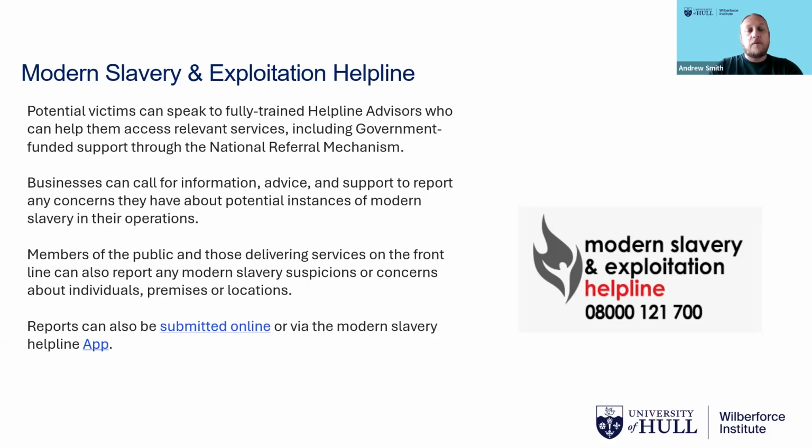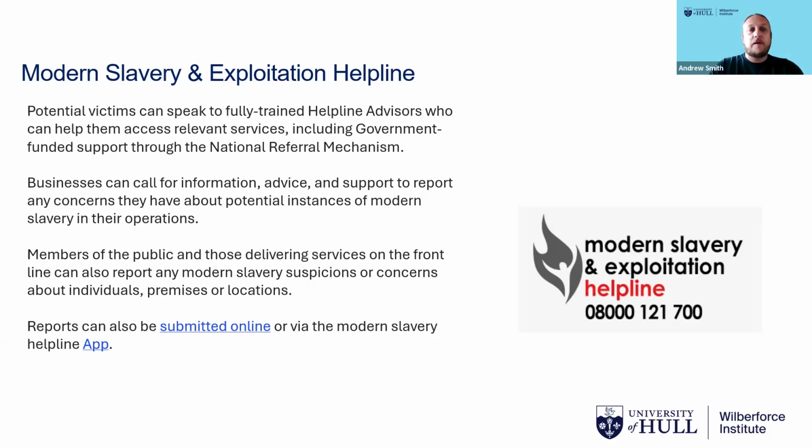The Modern Slavery Helpline will also forward details and information to local partners within that area and the police, etc. Businesses can call for information and advice and to report any concerns they have around instances of modern slavery within their businesses, within their supply chains and their operations.